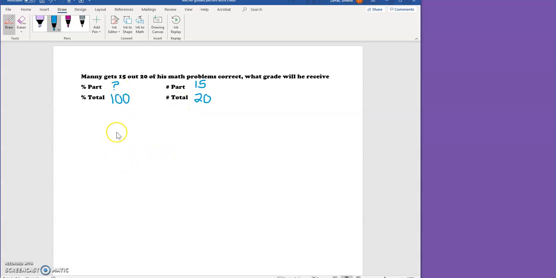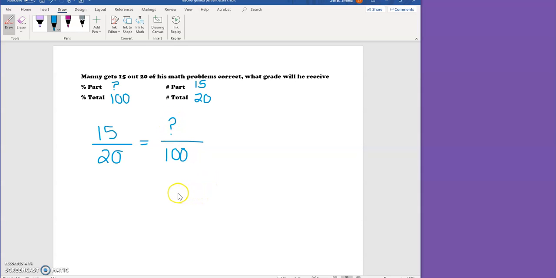So what I'm going to do when I'm looking for the percent amount is I'm taking the part and I'm writing it as a fraction out of the total. So we have 15 out of 20. And I want to know what the percent will be. Knowing that the total amount is 100 for percent, and so I'm going to be looking for this part.